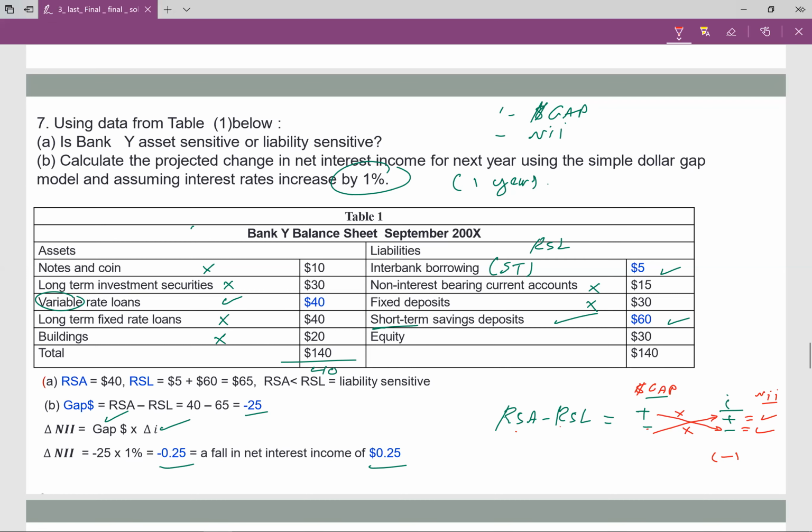We think if there is an increase in the market of 1%, 1% will be added to the rate of the liabilities, and 1% will be added to the rate of the assets. It doesn't mean they are the same. Maybe the asset is 8 and the liabilities are 7. If there is an increase, the asset will be 9 and the liabilities will be 8. I see, I get it now.